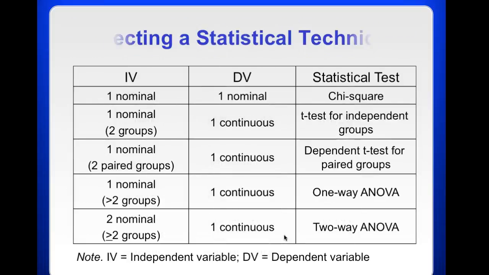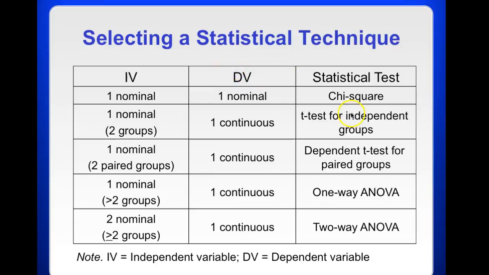Next, for you guys, the statistical technique that you're going to be choosing can be determined pretty easily with this table here. So it gives you all of the independent variables here, or the possibilities of the situation, depending on your independent variable, and then also on the dependent variable.